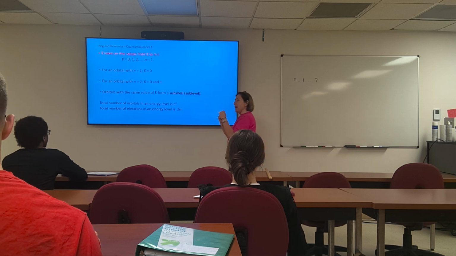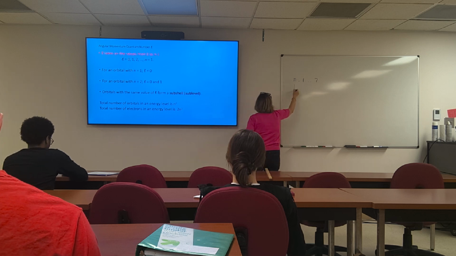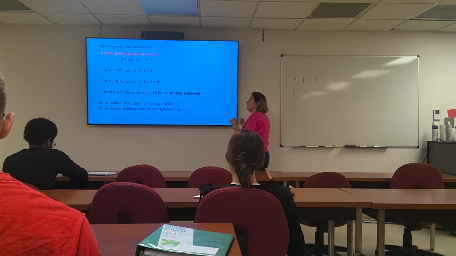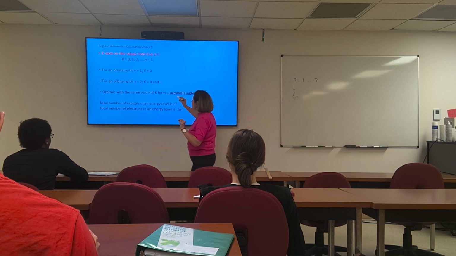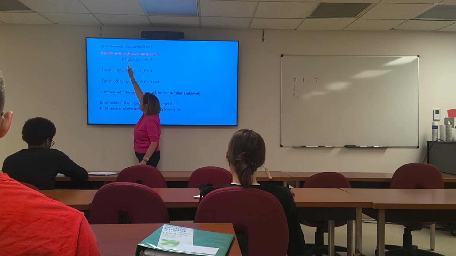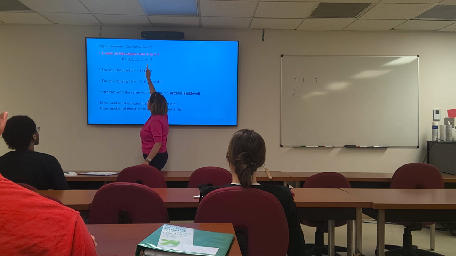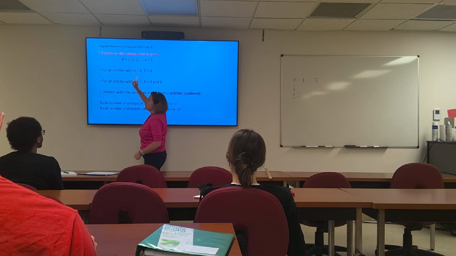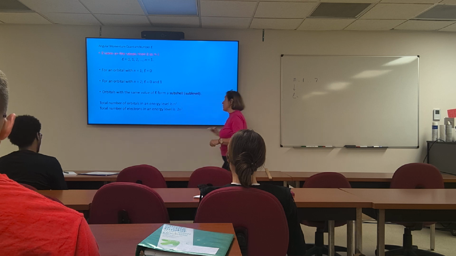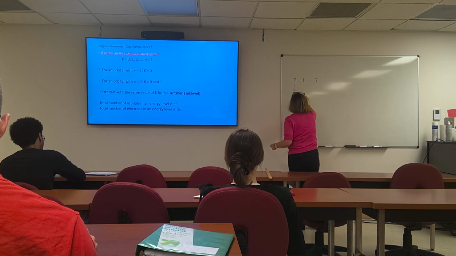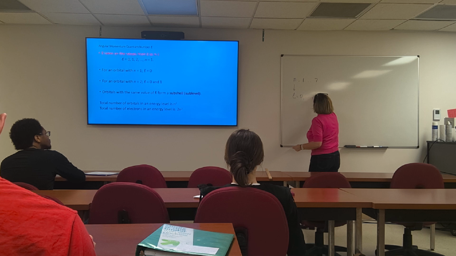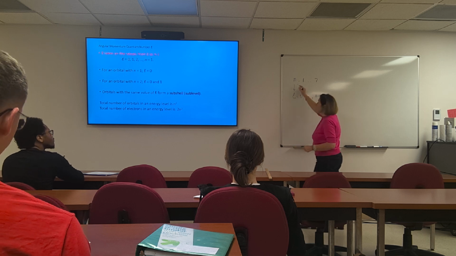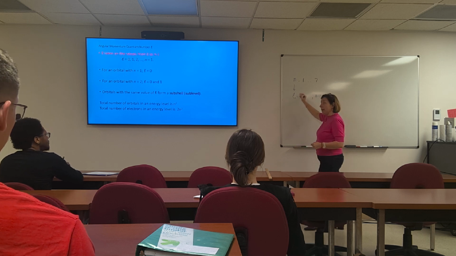Now based on this n, I have to calculate what values of L it allows. L always goes from 0, taking all the integers up until n minus 1. So L goes from 0, all the integers up until n minus 1. So it depends on n.